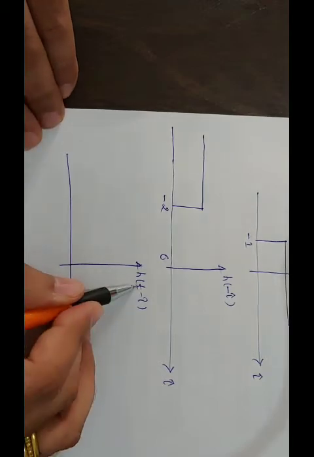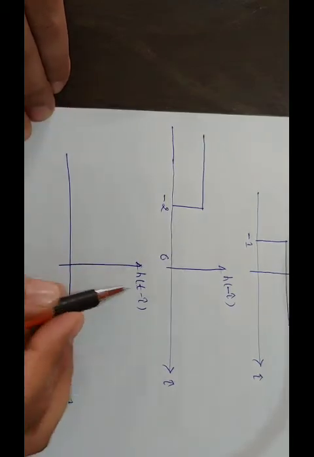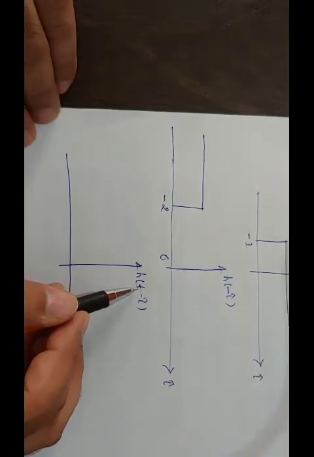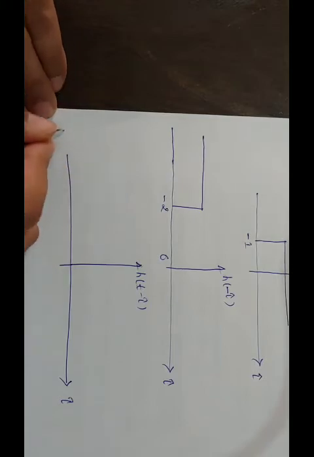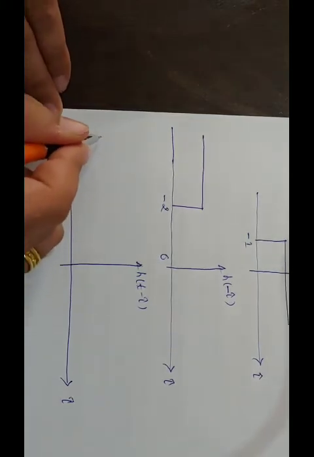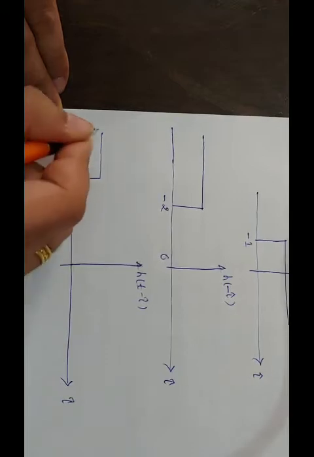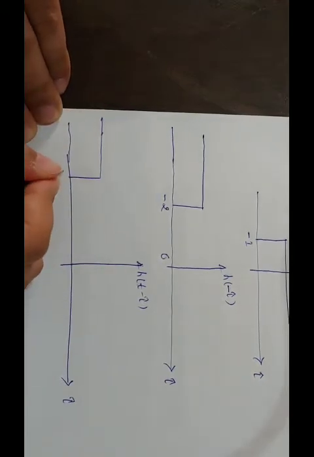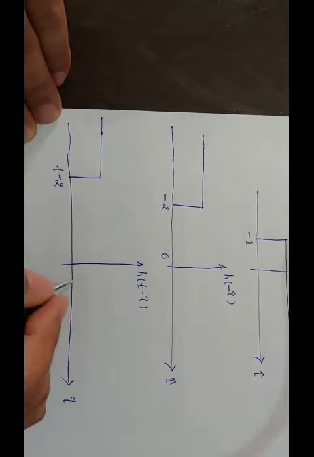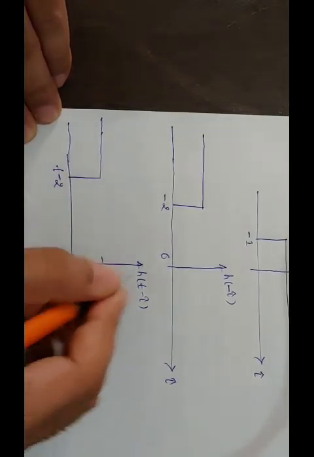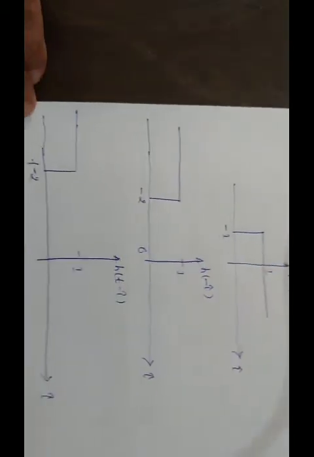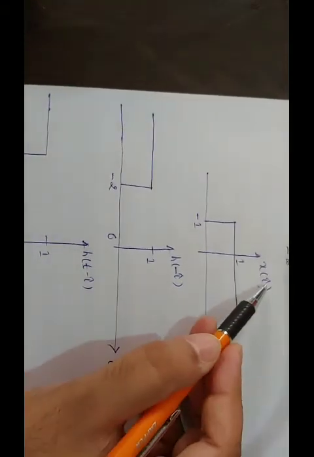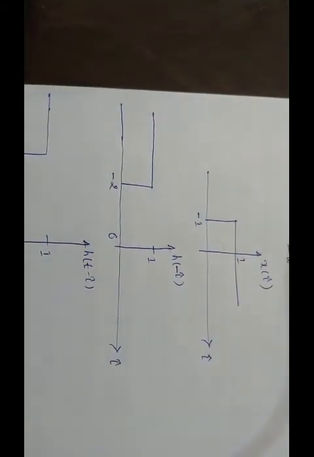Based on this t value, whether it is positive or negative, you can sketch h of t minus tau like this. I am considering this point as t minus 2, and its amplitude is everywhere 1 because it is a unit step function.